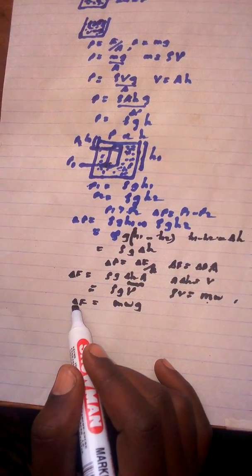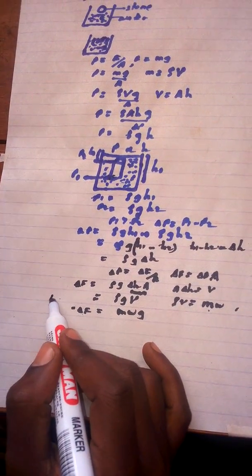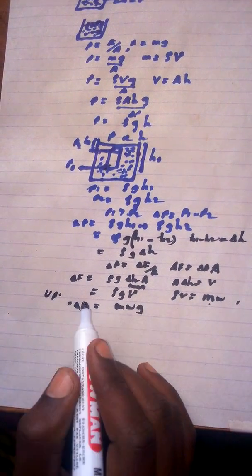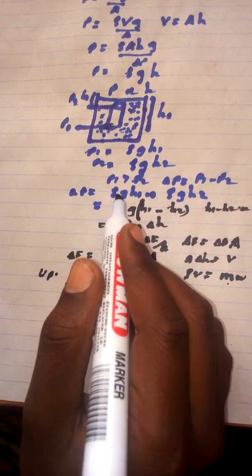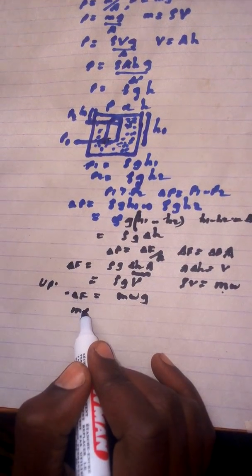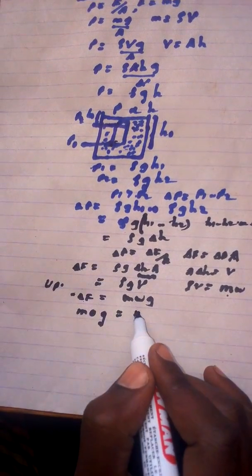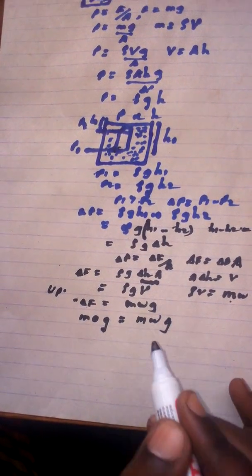This is basically the upward force. The force can be obtained by taking the mass of the object, which is the cylinder, times the gravitational force, and this will be equal to the mass of the water displaced times the gravitational force.